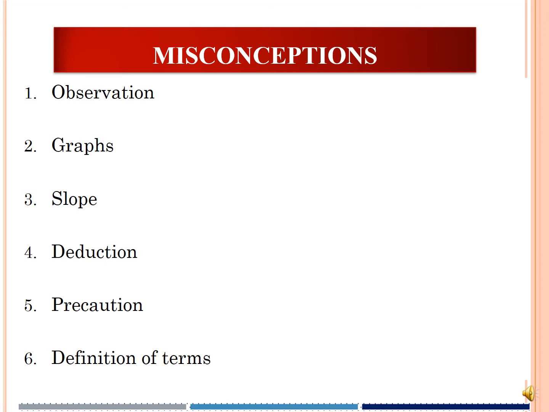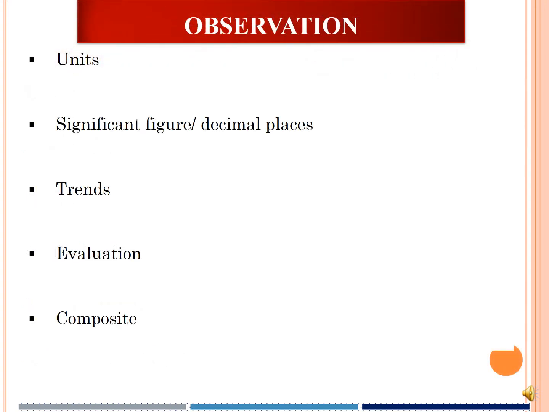They are observation, graphs, slope, deduction, precaution, and definition of terms. Under observation, students tend to have misconception in the units, significant figure or decimal places, the trends, evaluation, and the composite table.